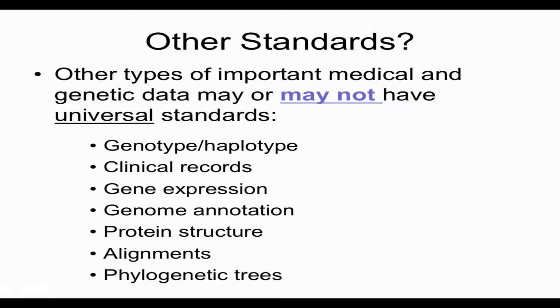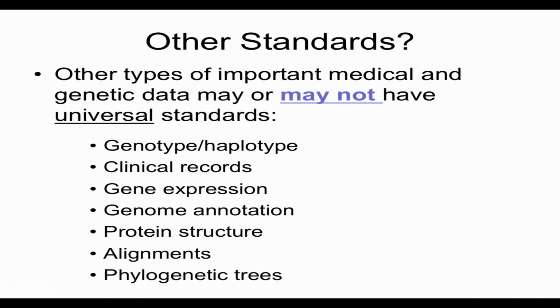Okay, so that's FASTA. That gives us a standard for DNA sequence and protein sequence data, but obviously there's lots of other molecular biology data that we would like to exchange in common standard formats. Do we have universal standards for all these data types?